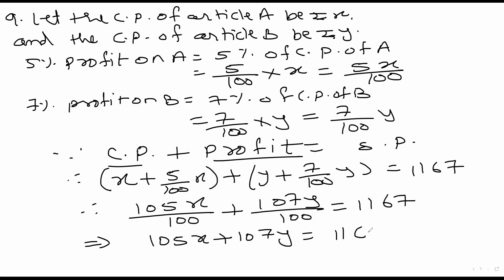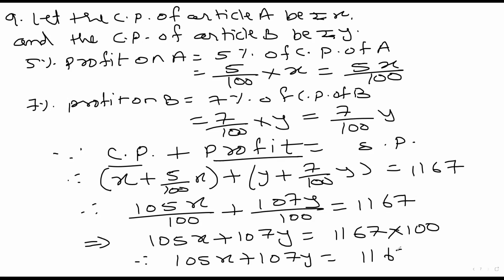We get 1167 into 100. So you get 105x plus 107y is equal to 1,16,700. This is equation 1. Don't panic, that's okay. Got it? Everybody understood?